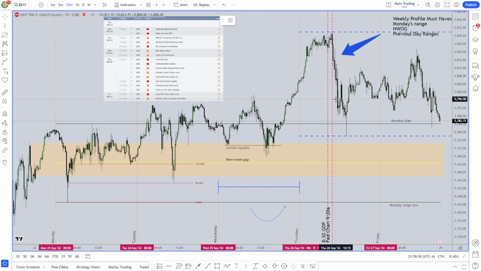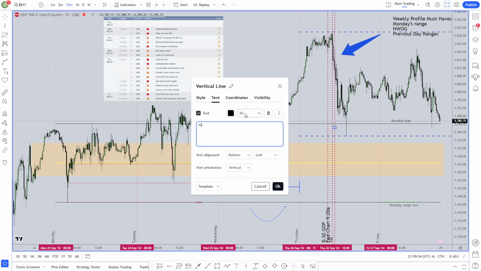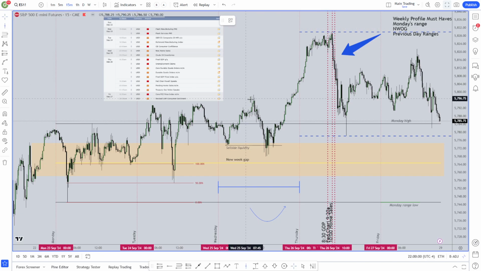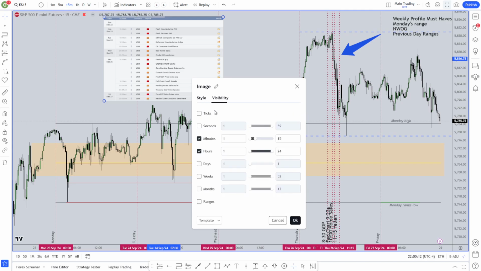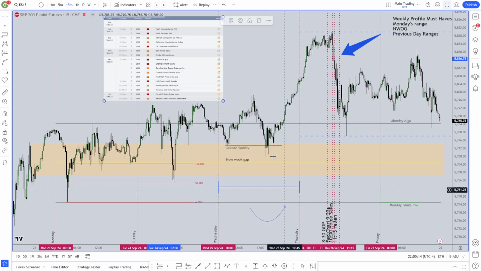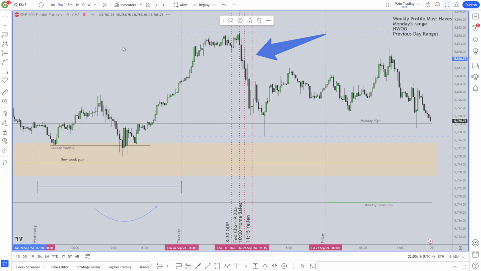And 10 o'clock, home sales. And 11:15, Yellen. And we'll use a 5-minute to keep track of everything as we look in on this Thursday.